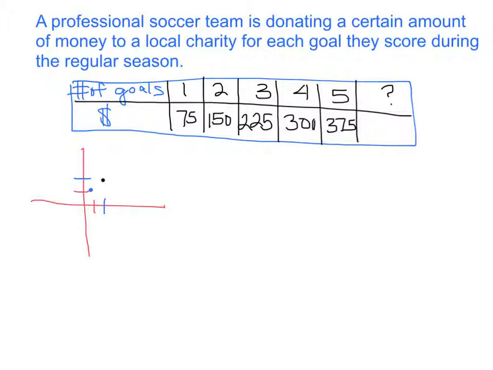We have 3 goals at $225. 4 goals at $300. And mine's going to be a little bit off just because I'm freehanding it. I would suggest that you use graph paper when doing these.